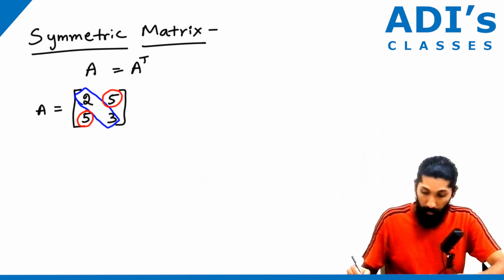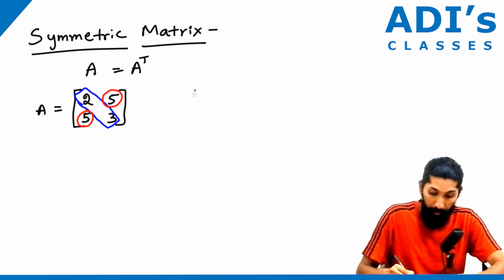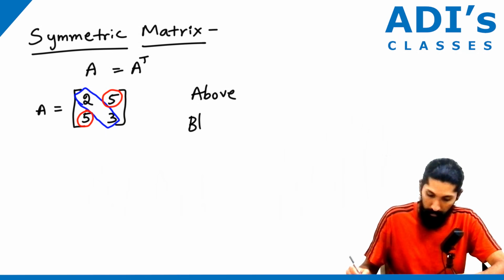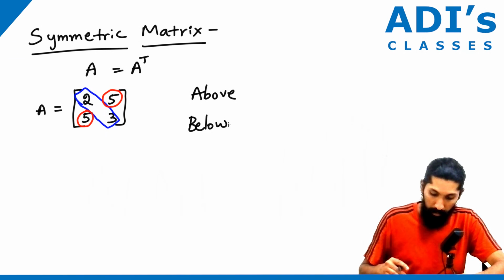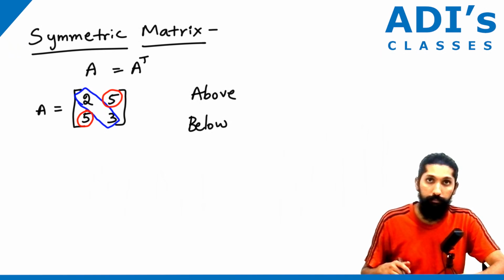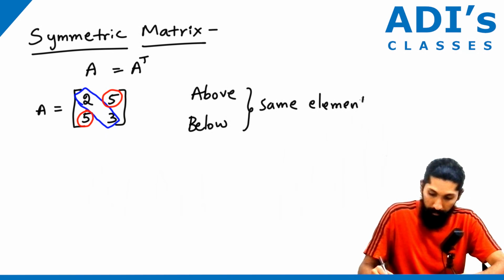Alright, now when you talk about symmetric matrix, remember the elements above the principal diagonal and below the principal diagonal, both are one and the same. So above and below, we have the same elements.